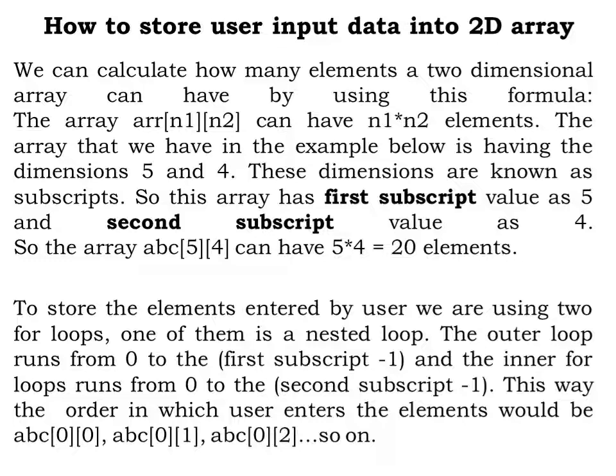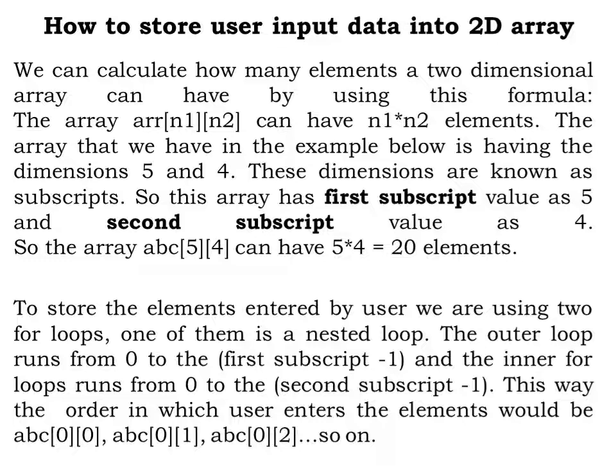The first element will be stored at 0, 0. The second element that you enter will be stored at 0th row and first column, 0, 1, and the third element that you enter will be stored at 0th row and second column, and so on. So this is how we store the user input data into a 2D array.